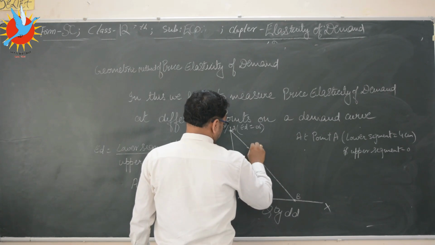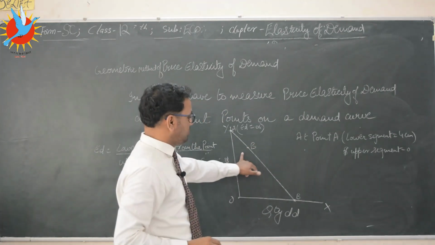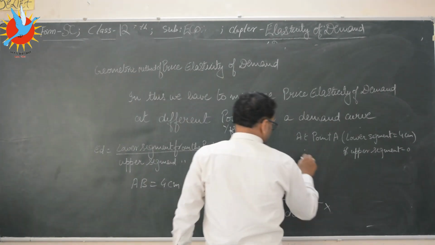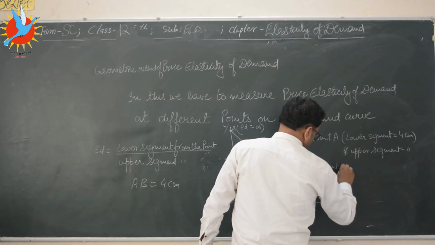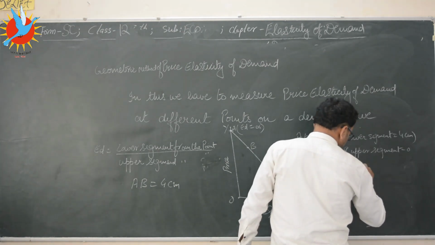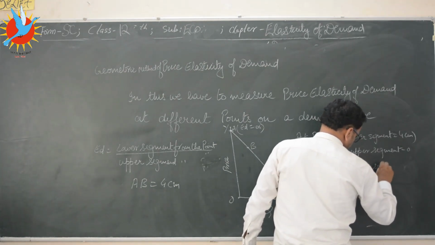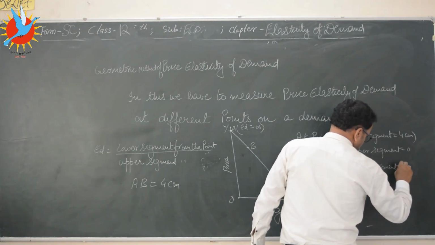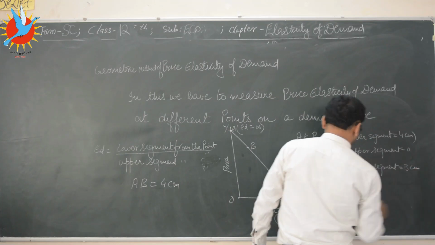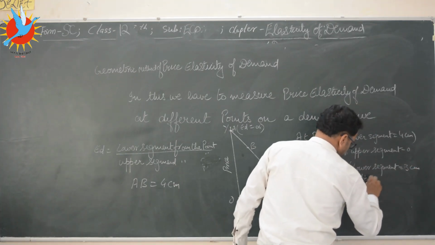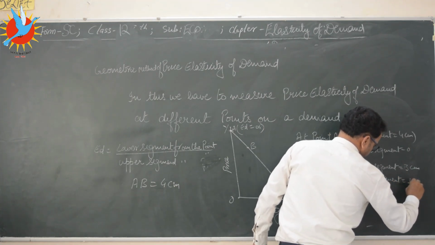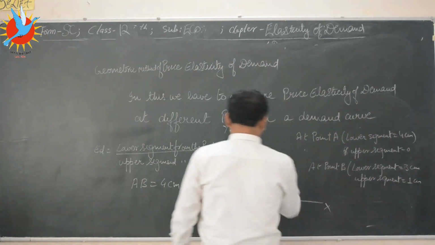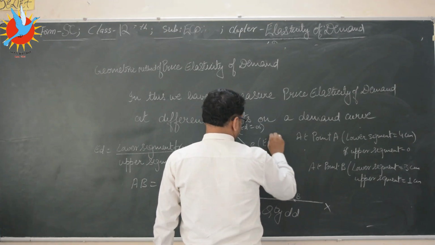Coming to lower point B. Now remaining segment here is 3 centimeters and upper segment is 1 centimeter. So elasticity here will be greater than 1.